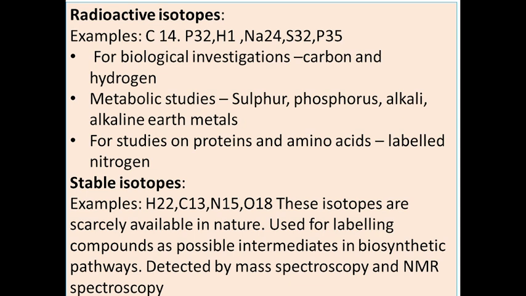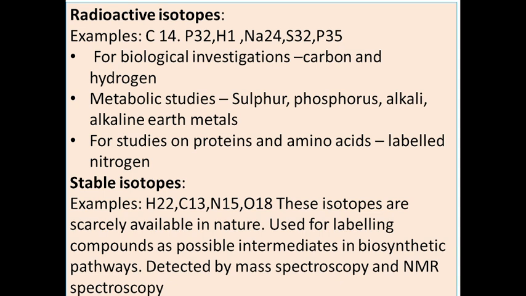And for studies on proteins and amino acids, labeled nitrogen radioactive isotope is used. So labeled nitrogen is used for protein and amino acid. For metabolic studies, sulfur, phosphorus, alkali and alkaline earth metals are used as radioactive isotopes.